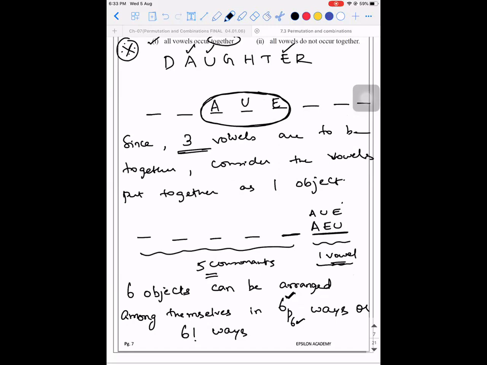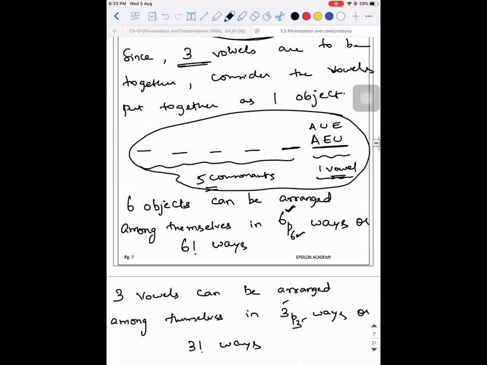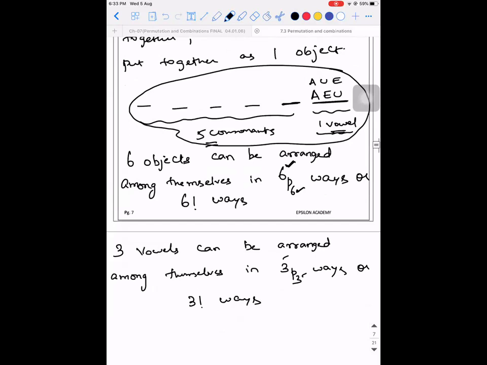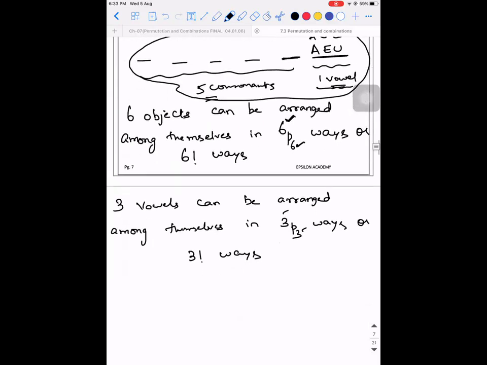Among these 6 objects, you can do 6 factorial ways of arrangement, and among the 3 vowels, you can do an arrangement of 3 factorial ways. Both are subsequent processes. So the total number of words possible is 6 factorial into 3 factorial. So this will be the required answer.